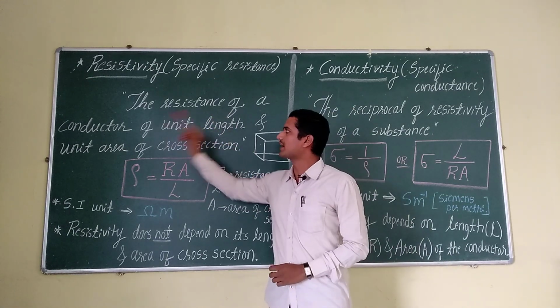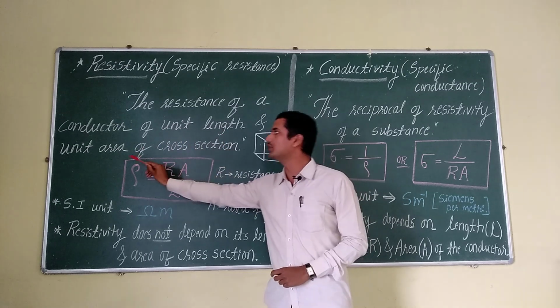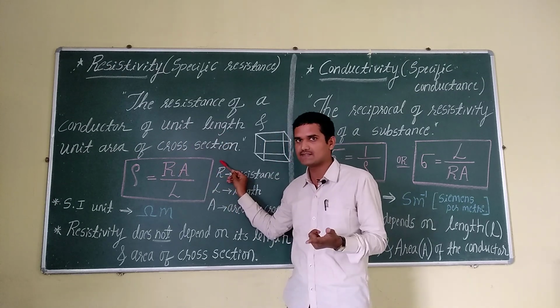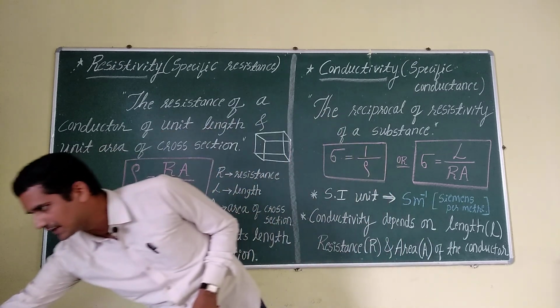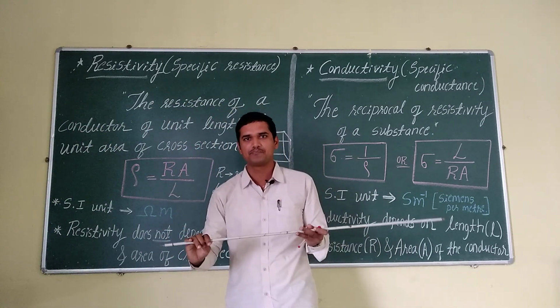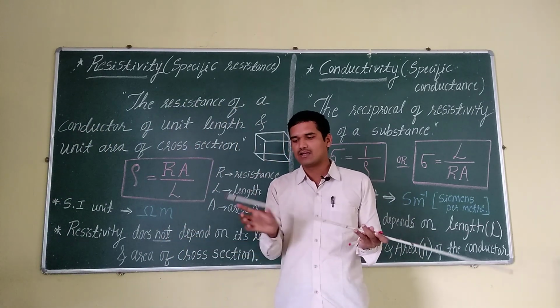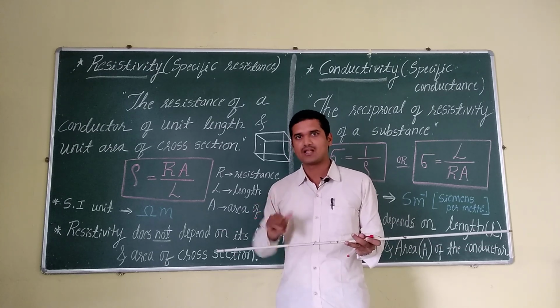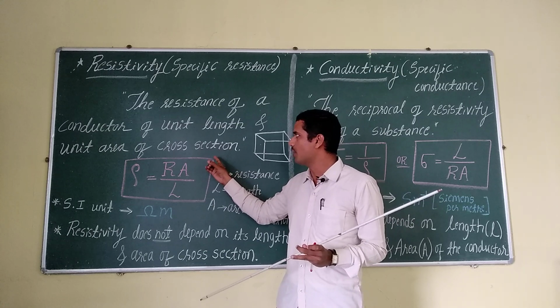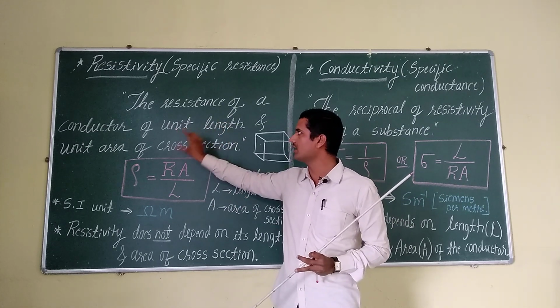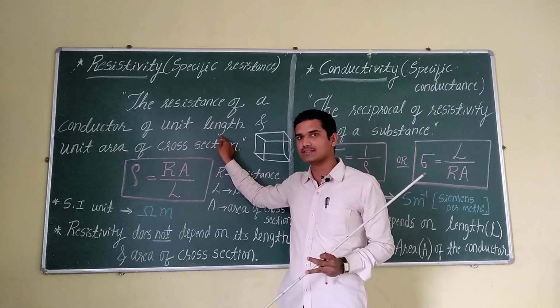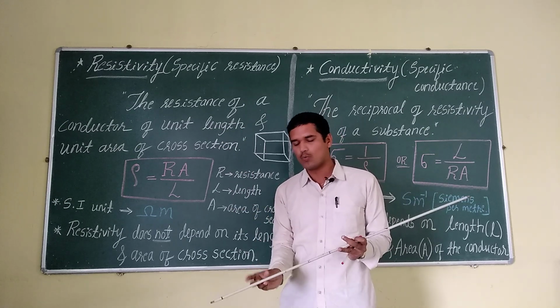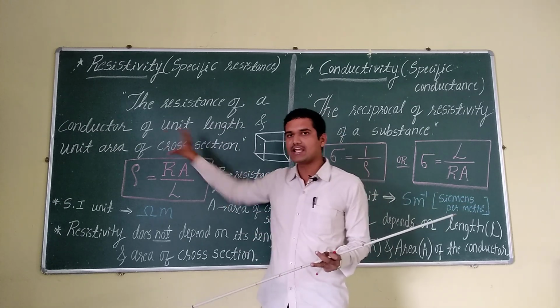The resistance of a conductor of unit length and unit area of cross section. In the sense, imagine there is one conductor, and this conductor has 1 meter length, 1 meter height, and 1 meter of breadth. Unit length means you can imagine 1 meter of length, and unit area of cross section.